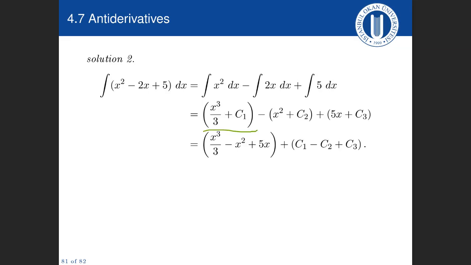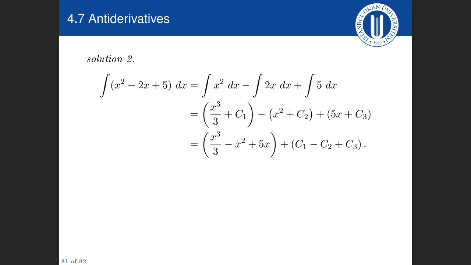For the first one, we have x cubed over 3 plus c1. For the second one, the general antiderivative of 2x is x squared plus c2. And for the last one, the general antiderivative of 5 is 5x plus c3. So again, we have the same function as before, x cubed over 3 minus x squared plus 5x, plus some constants.